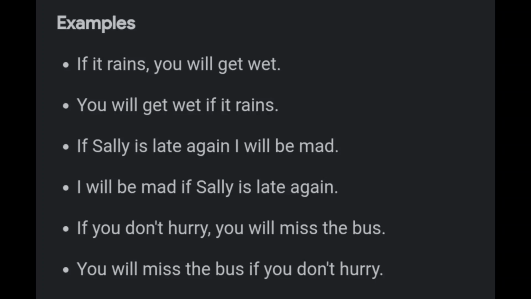If I don't hurry, then I will probably miss the bus. But that's the thing. Probably. Sure, I will probably miss the bus, but it can happen, but at the same time, it cannot. I mean, it's different from would. It's most likely 95% that it will happen in the future, but it's not a guarantee.